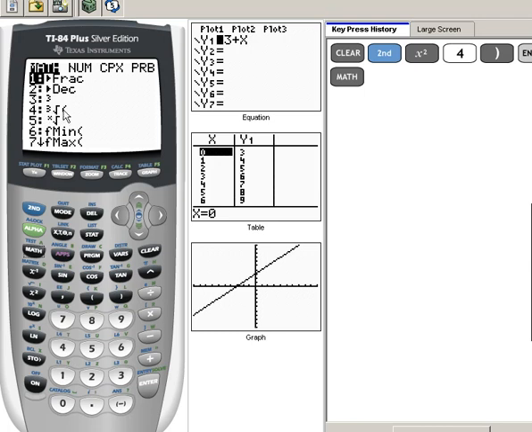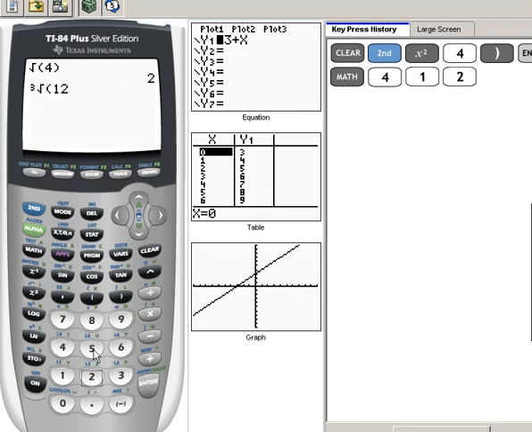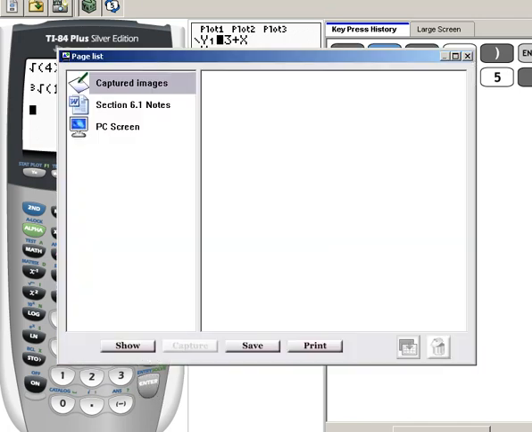But this number 4 right here, this is our cube root of something. So if I wanted to do the cube root, we have to hit the math button first, and then we would choose number 4, and it puts a cube root on our screen. And then we could type in 125, close that parentheses, since it already opened one, we have to close it, and then when we hit enter, we'll see that our answer is 5. So we can always use our calculators on this.